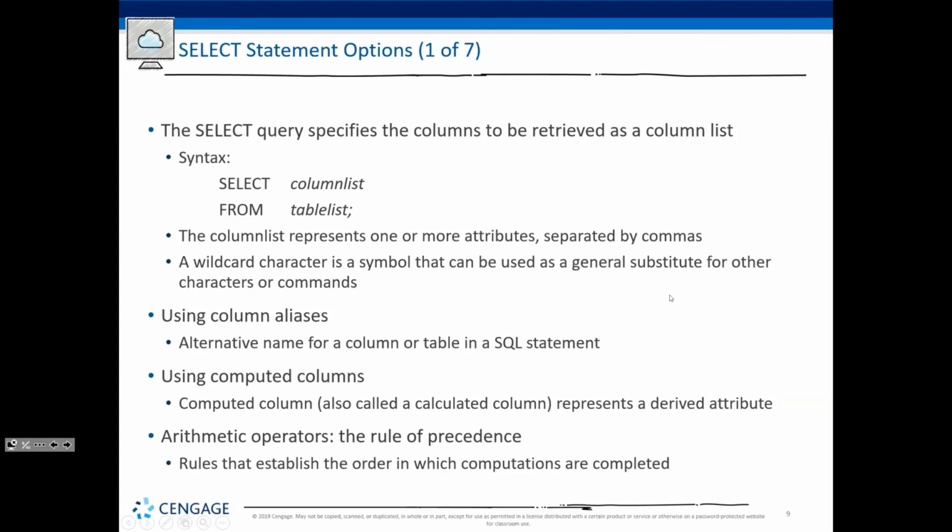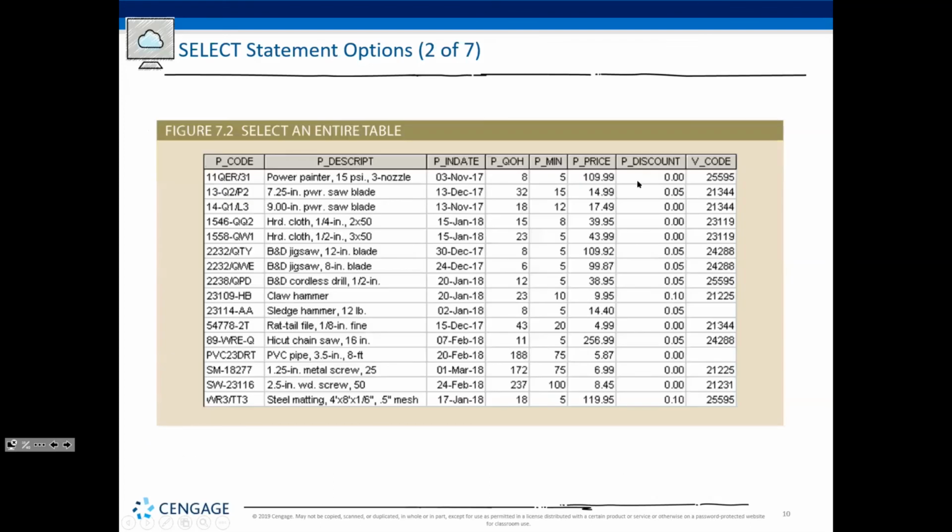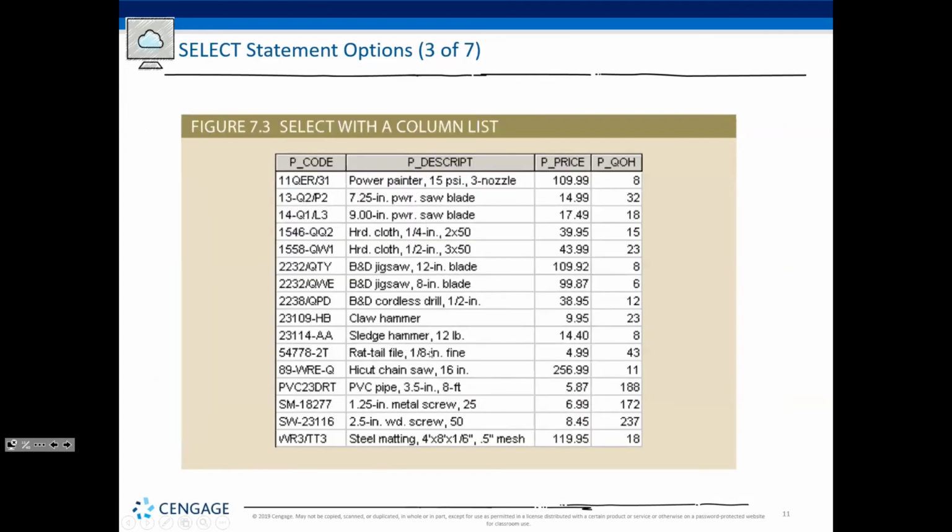We can calculate columns for outputs, and we can do some math problems in our SQL code as well. So here in this example, they've selected an entire table. We did that. And then they selected products here for just these specific columns.